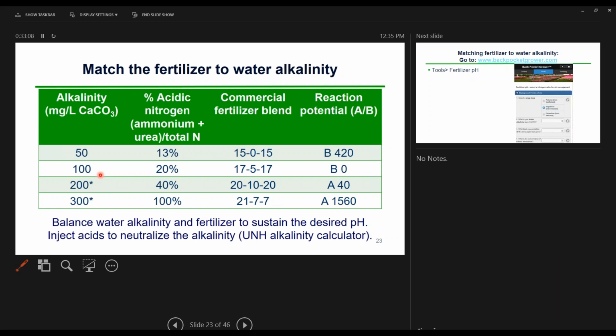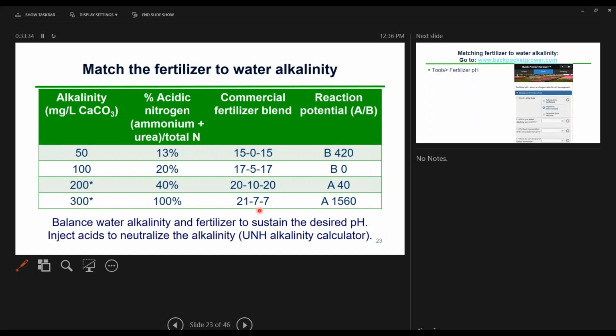You can go with acid and basic and play a little bit there. Now, if you have levels this high, you usually want to make sure that you add a fertilizer that's relatively acid on a continuous basis, but you might also be interested in injecting acid at this point. And here we put the example of 21-7-7, but I'm going to show you an example further.